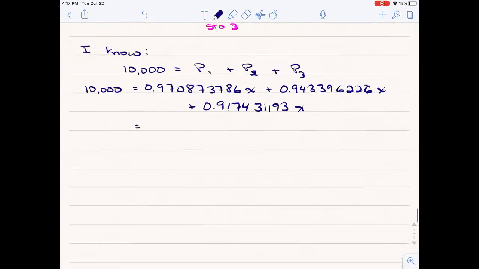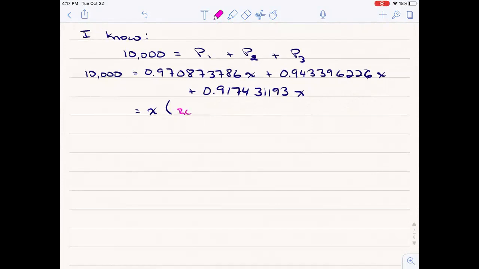And so what I've got is I can pull out the common x, and here's where I'm gonna get cheeky, because I really don't wanna write these all out again. Instead of writing 0.970873786, because I made a note earlier which spots I'm gonna store these in, right? I'm gonna write recall 1 plus recall 2 plus recall 3. You're only allowed to do that though if you've told me where you've stored stuff.